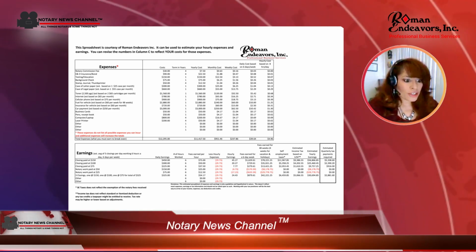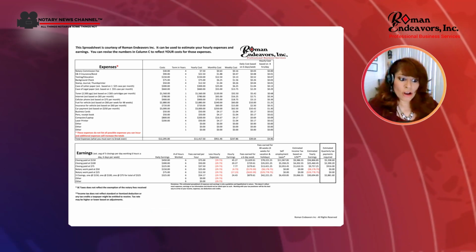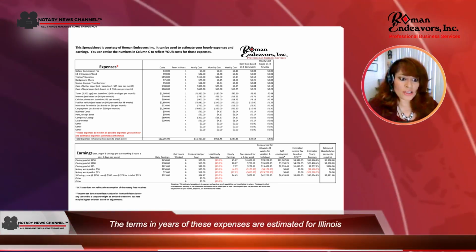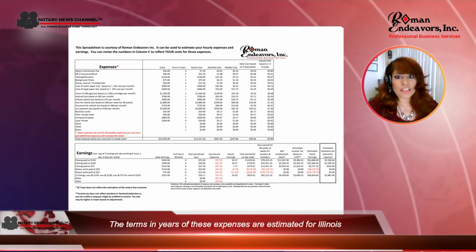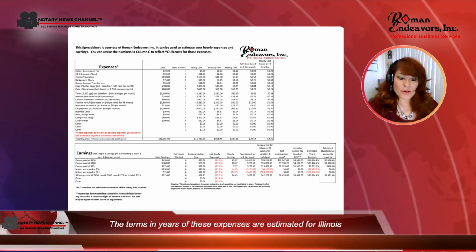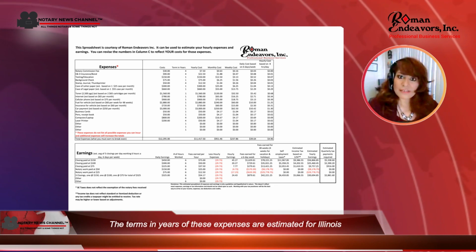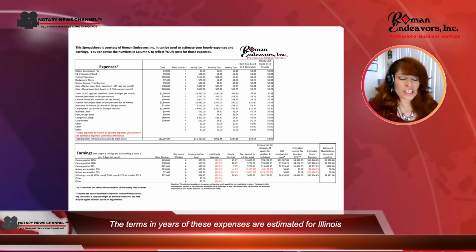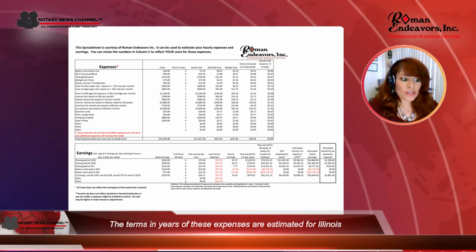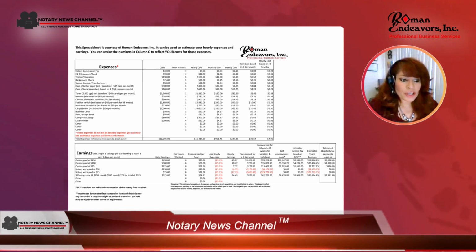So taking a look here, you'll see it's broken down by the costs associated with each of the expenses and then in terms of years. So this was based on what those costs are for me in the state of Illinois. Here you'll see the term is 4 years for the cost of a notary commission.